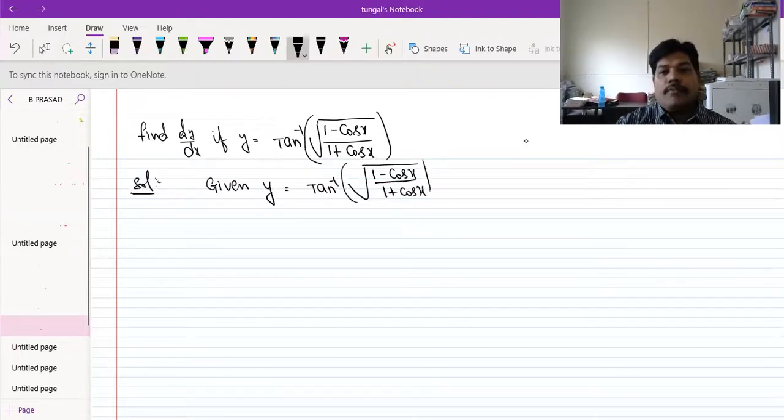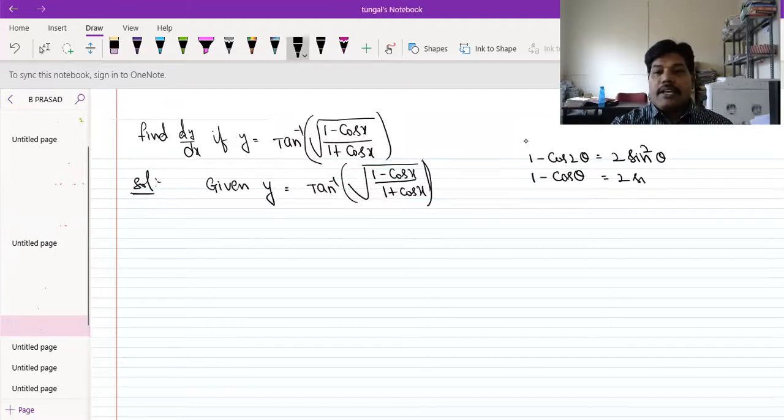Already you know the formula. What is that formula, sir? Use the formulas. The first one is 1 minus cos 2 theta is equal to 2 sine square theta. If you apply the half angle formula, in the place of theta just replace theta by 2, it will become 1 minus cos theta, which is equal to 2 sine square theta by 2.